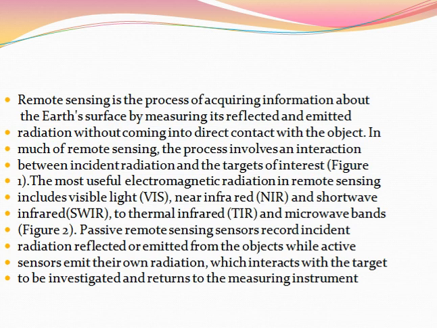Then in passive remote sensing, sensors record incident radiation reflected or emitted from the objects, while active sensors emit their own radiation which interacts with the target to be investigated and returns to the measuring instrument, as shown in the figure.